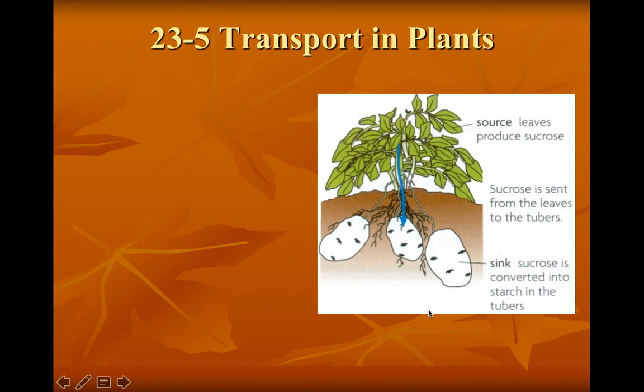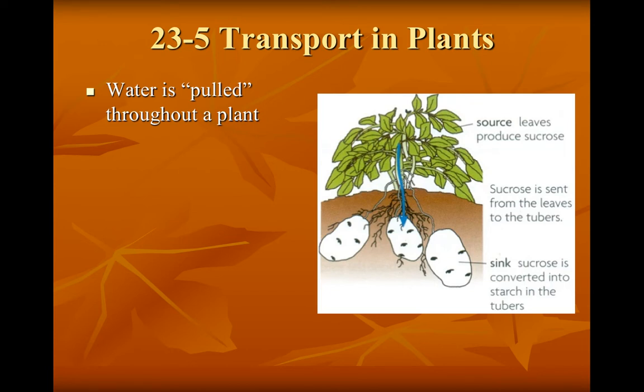Okay, last slide. We're going to briefly talk about transport. There's a whole section in the textbook about this, starting on page 599 if you want to go into more detail, but I'm going to break it down really simply and talk about the main ways that water and nutrients are transported. We've actually talked a little bit about it so far.